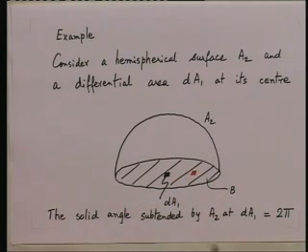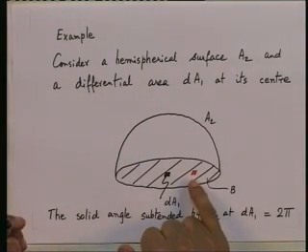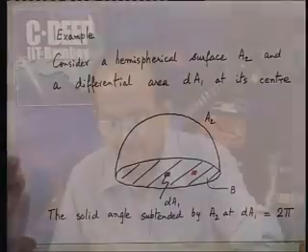Now, I ask you the question, if this is dA1, what is the solid angle subtended by A2, the hemispherical bowl, at this red differential area dA1 instead of being at the center? Okay. And you should be able to tell the answer yourself. Okay. Now, let us go on.